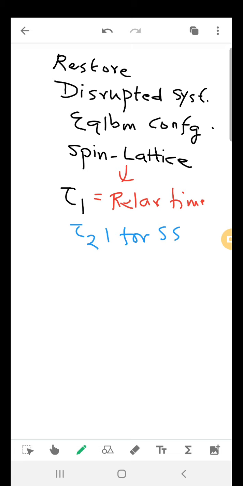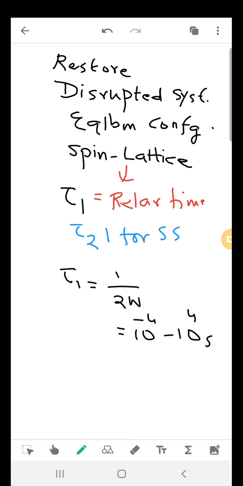And tau 1 is equal to 1 by 2 omega, which is equal to 10 to the power minus 4 to 10 to the power 4 seconds. So it has got a wide spectrum.